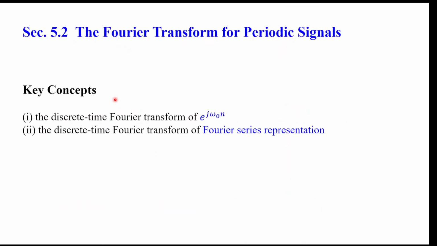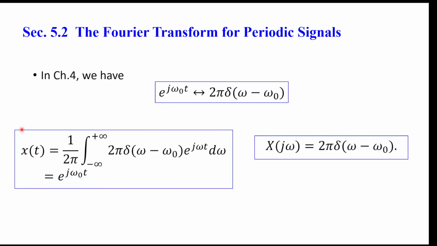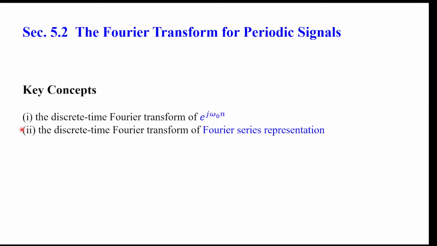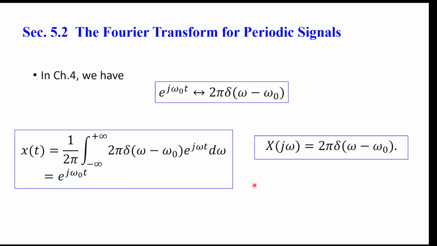We have 5 minutes, so I don't think we have enough time to go through this, but let's flash a little bit ahead. The next topic is the Fourier transform of a periodic signal, and it's kind of similar to the continuous time case. For a periodic signal, we also want to get the Fourier transform, and we'll get a whole bunch of delta functions.